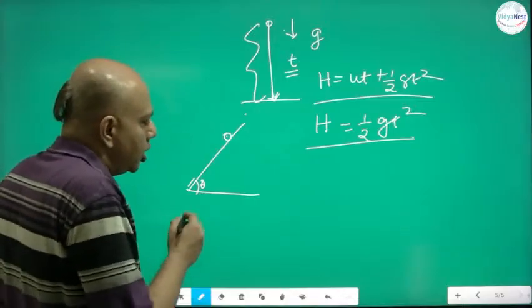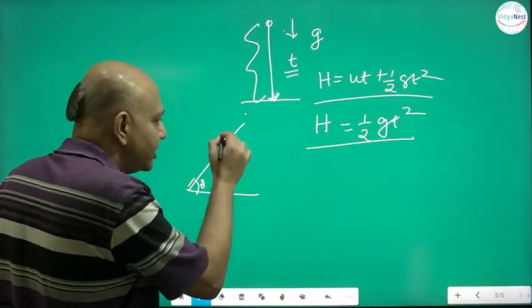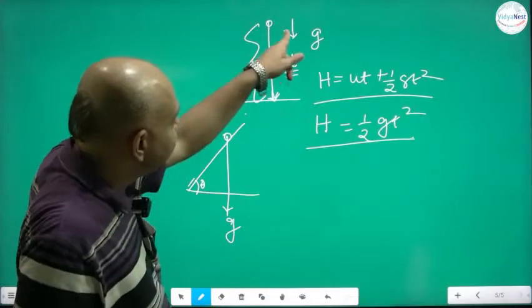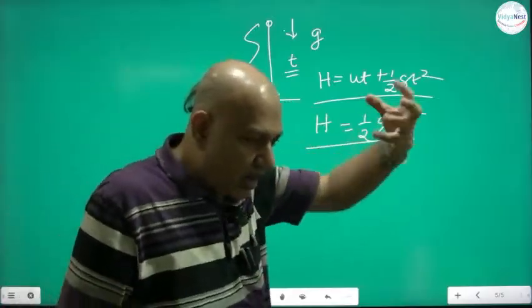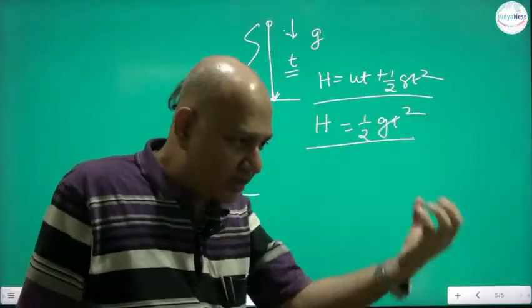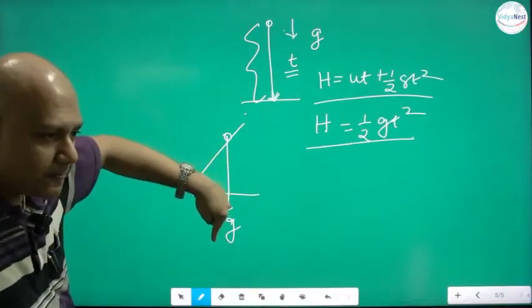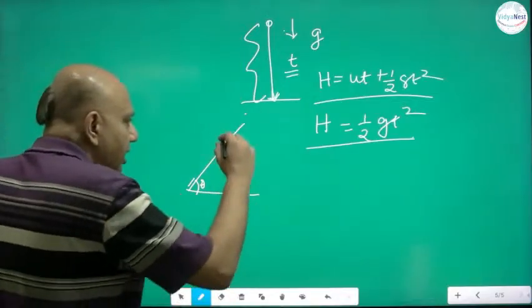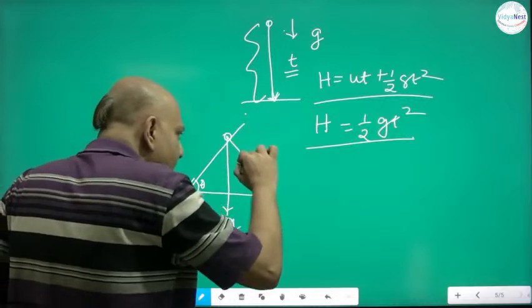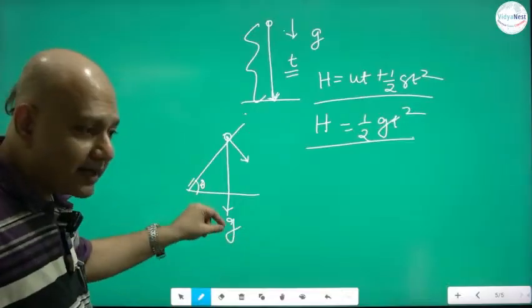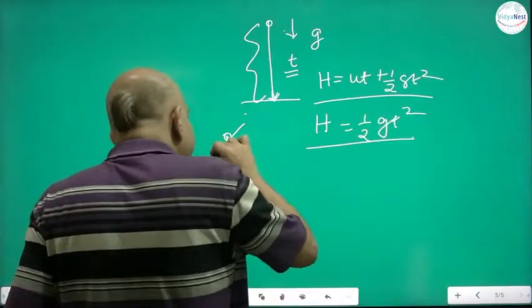So now, what is the direction of the acceleration due to gravity, Saurabh? Vertical, g, just like this one. Earth attracts the object downward, isn't it? So it is this way. Now, because acceleration due to gravity is a vector quantity, I can split it into two components.